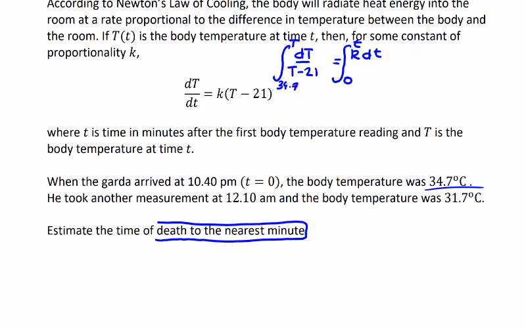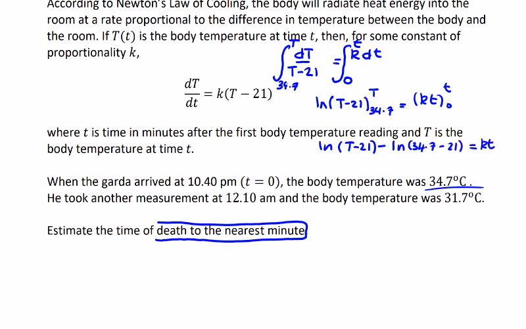So this is like 1 over x, so it's the natural log of T minus 21, and the bands are T, and 34.7 is equal to kt between t and 0. So we're going to get the natural log of T minus 21 minus the natural log of 34.7 minus 21 is equal to kt.